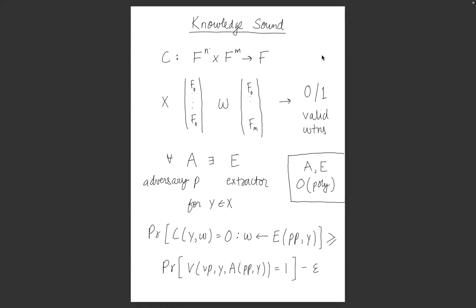So when I first saw this, I thought: if we can extract the witness, how is this a valid zero knowledge proof? But this extractor has more capabilities than the verifier. The way the extractor pulls this witness from the prover is by repeatedly interacting with the prover and repeatedly querying the prover for some inputs. But this is not done by the verifier, right?